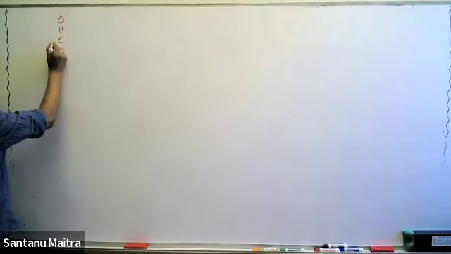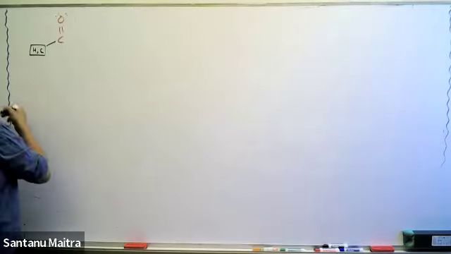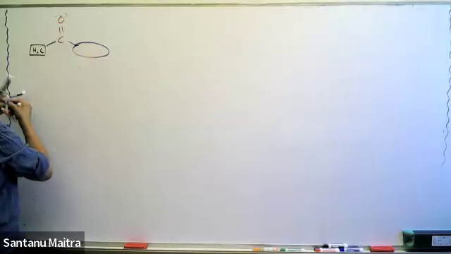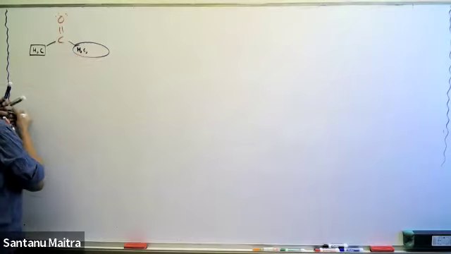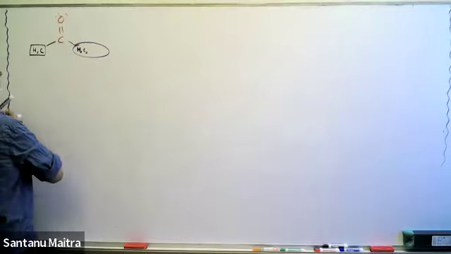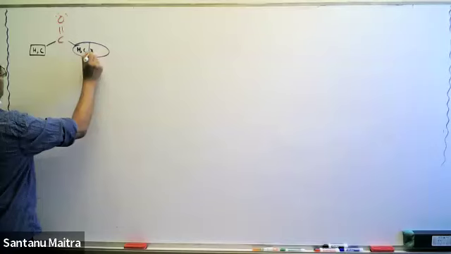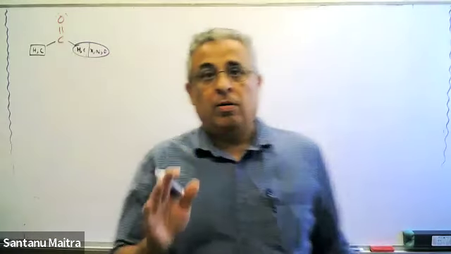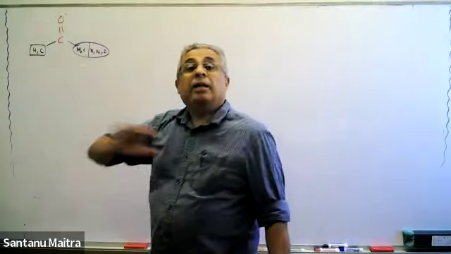On this side, you have H or C. On the other side, you have H or C, or you have X or N or O. When you have X or N or O, they constitute a leaving group. When you have H or C, they're not leaving groups.